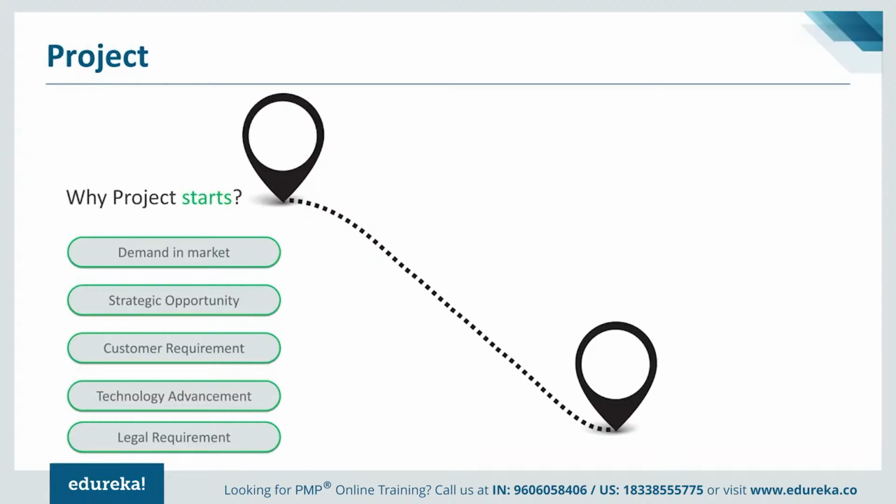I have seen many projects moving on to cloud-based platforms, or using analytics, or being undertaken so that they can move to a new technology which is more intuitive to use. So technology advancement could be another reason why projects are undertaken.